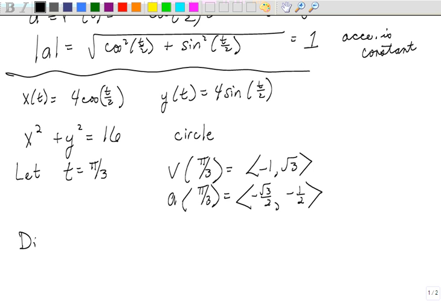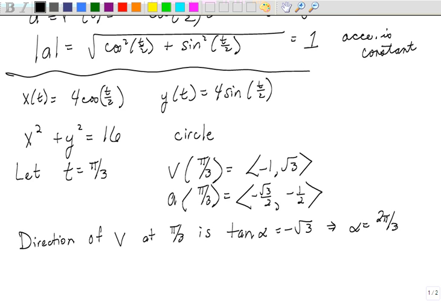So the direction angle of v at pi over 3 is tangent alpha, and that's negative square root of 3 over 2. That's y over x. So that tells us that alpha is 2 pi over 3.